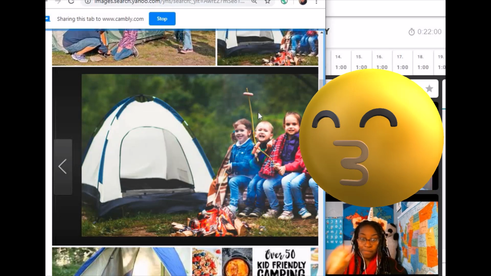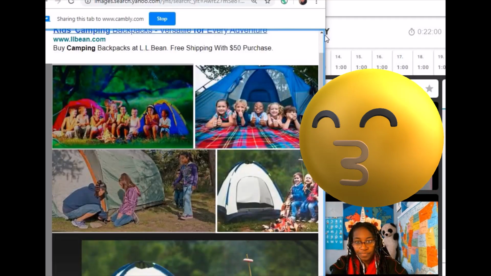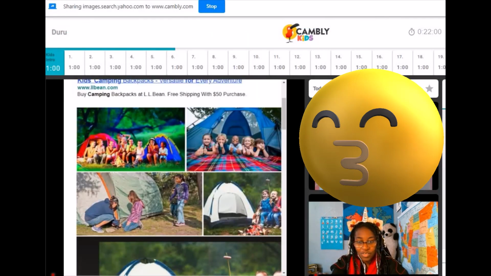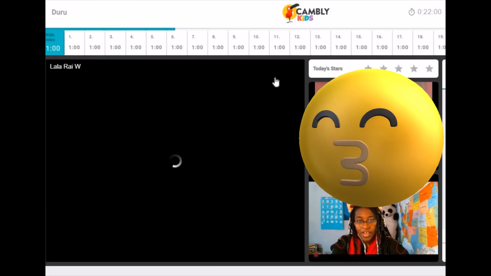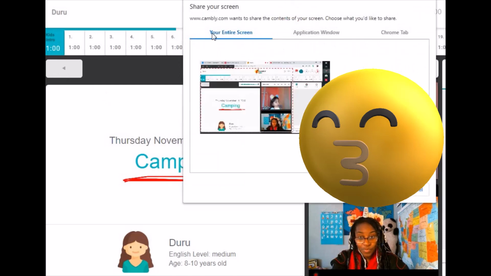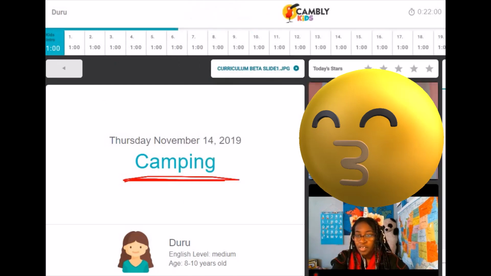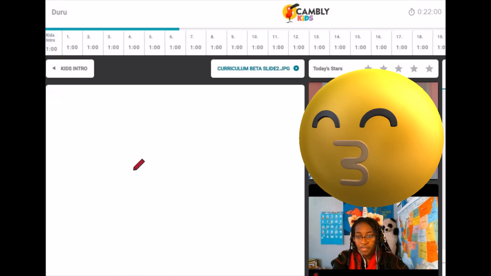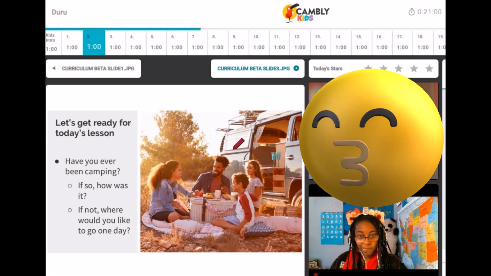So when you go camping, you can put it in the fire like this and cook the sausages to eat. Yes, you're doing great. Okay, so today we're going to talk about camping.